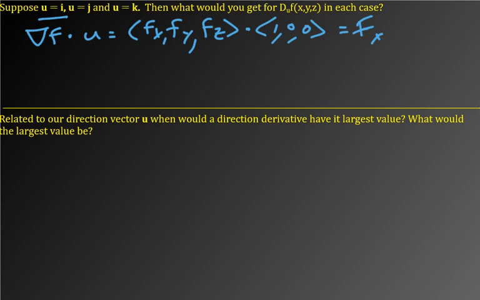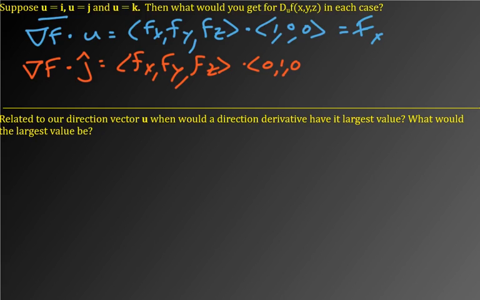We've always been doing this scalar projection, which really works out to just be this dot product between the gradient vector and specific unit vectors. And you could do the other one. I'll just do one more. If you do the gradient of f dotted with, say, j hat, you can just see that the only component of the gradient that stays around is the partial of f with respect to y.